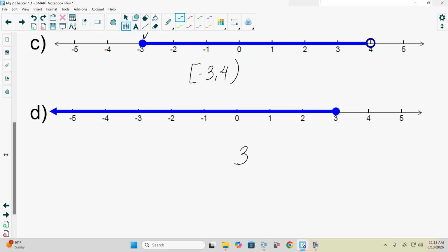Negative infinity. And it will have to be on the left. Positive infinity or negative infinity, we will need that parenthesis. Because 3 is filled in, it's included, we would have a bracket.